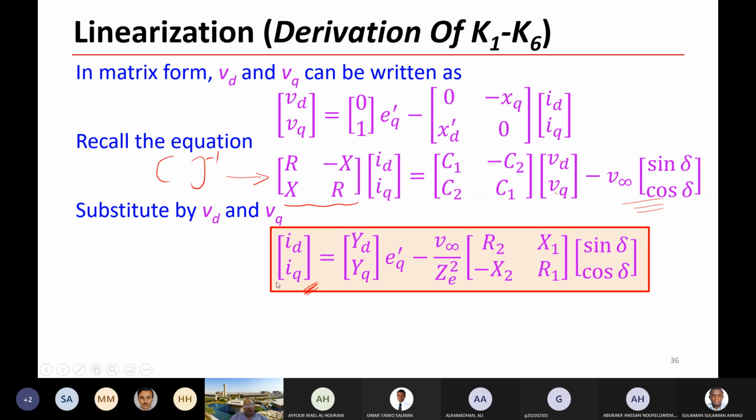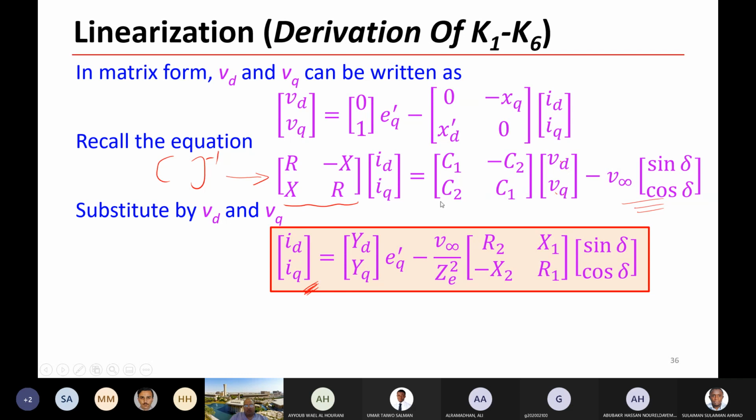Okay. So having this equation and the VD, VQ, you can express it here, and then you can have the ID and IQ on one side, and of course you can multiply by the inverse of this. So you can end up with this equation: ID, IQ equal to these constants.